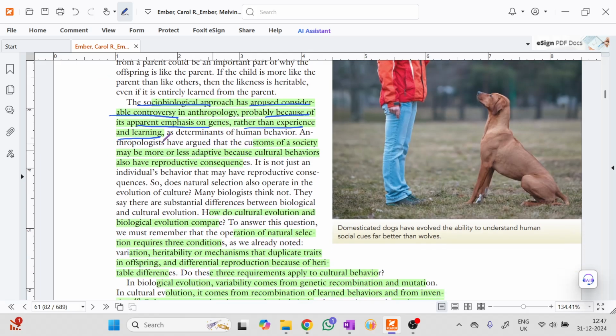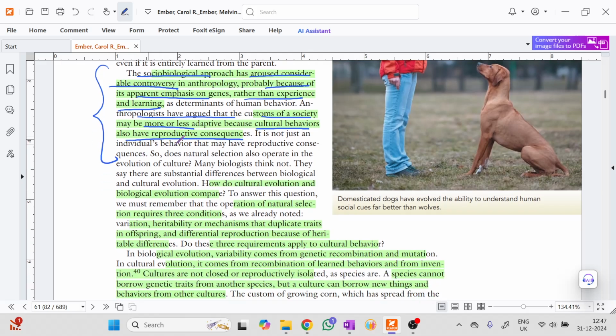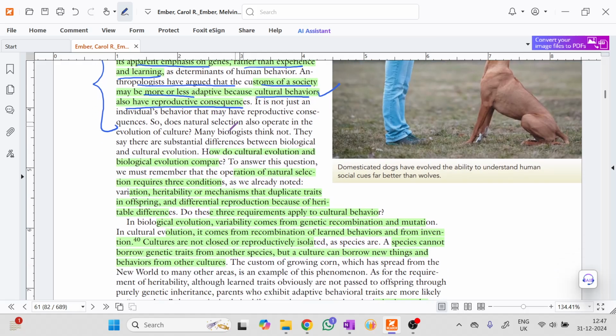Anthropologists have argued that the customs of a society may be more or less adaptive, because cultural behavior also has reproductive consequences. Cultural mechanisms help in survival and in coping with atmospheric conditions. So those cultural behaviors will have a say in reproductive success.